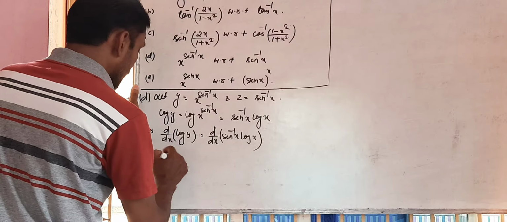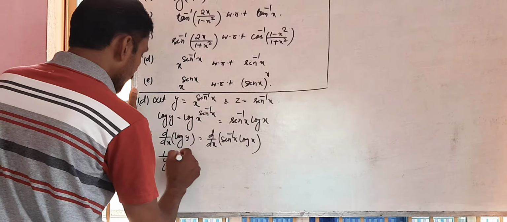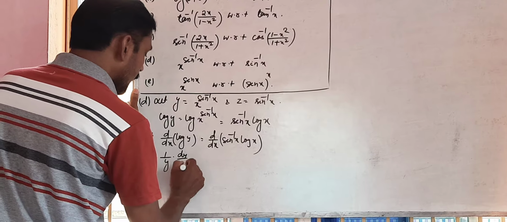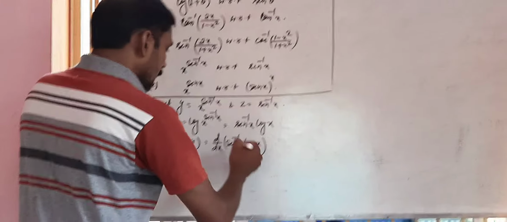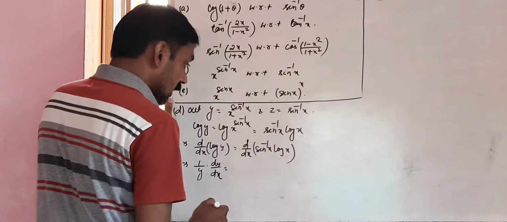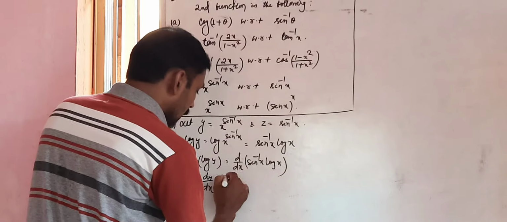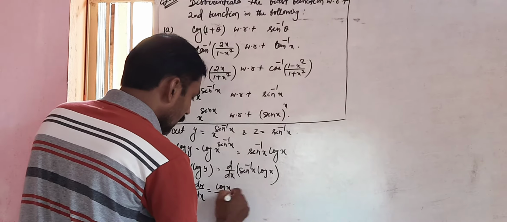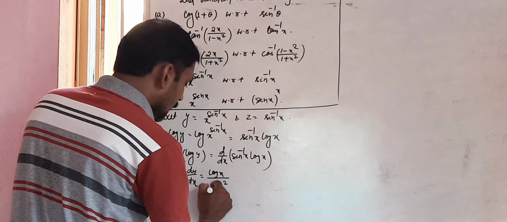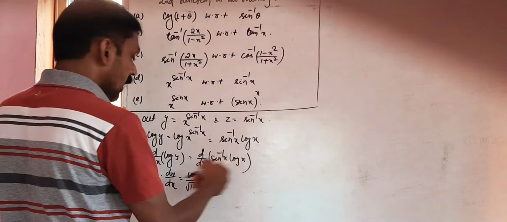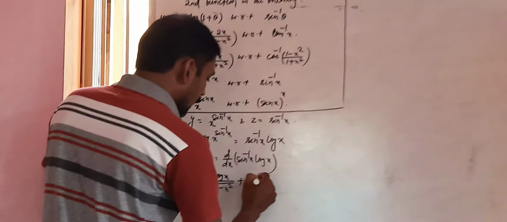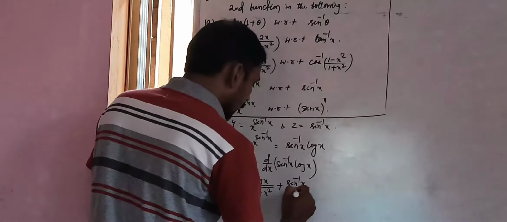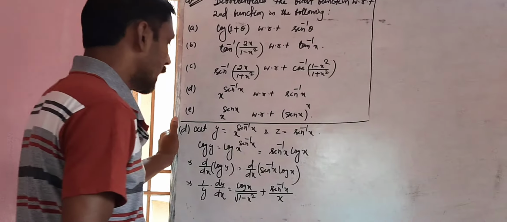Now left hand side is 1 by y into dy by dx. Right hand side we will use product rule. That is derivative of sin inverse x, that is 1 by square root of 1 minus x square, this one into the log x, plus sin inverse x into derivative of log x is 1 by x.